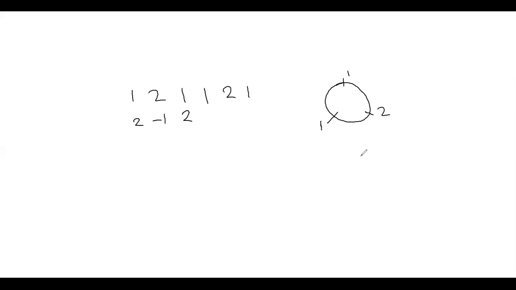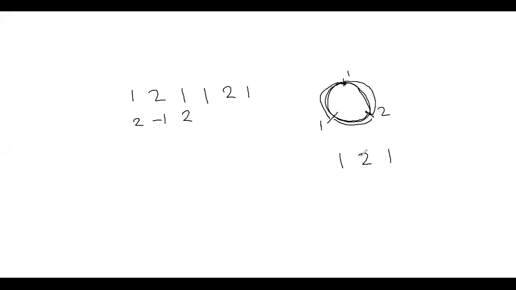So while I'm working for this guy, I will look at this, this, this, right? So what I'm looking at is 1, 2, 1. When I'm working at index 2, what I will be looking at is this, this, and this, right?